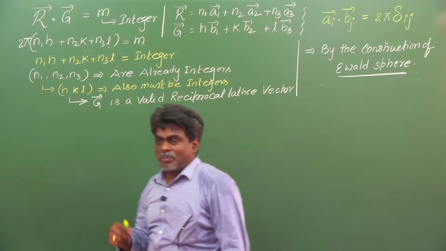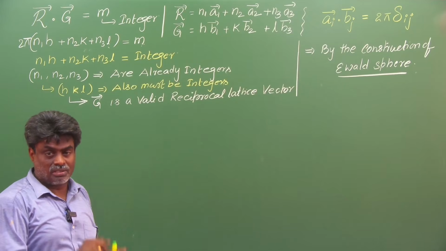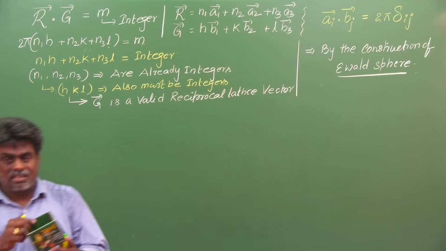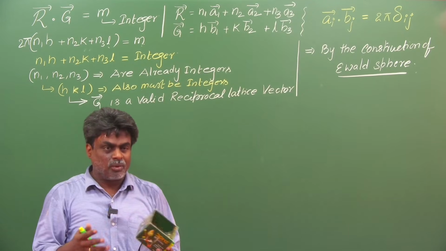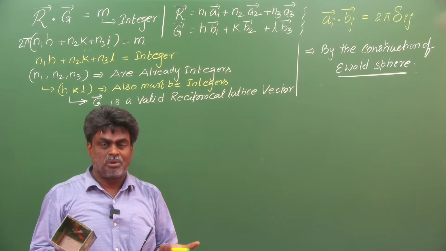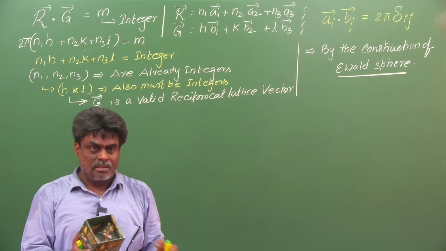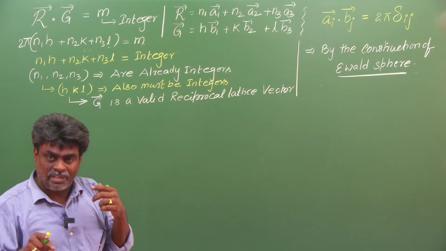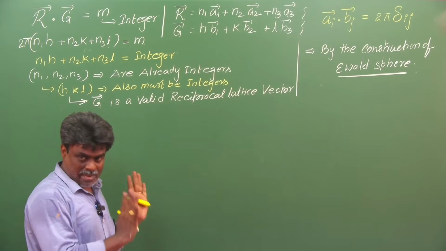The Ewald sphere is going to tell you whether the diffraction occurs or not. That's a beautiful construction, because by seeing a direct lattice, can you say this plane gets diffraction and the other plane won't? Impossible. But if you construct an Ewald sphere corresponding to a direct lattice, that Ewald sphere will tell you whether the diffraction occurs or not. Let me explain.